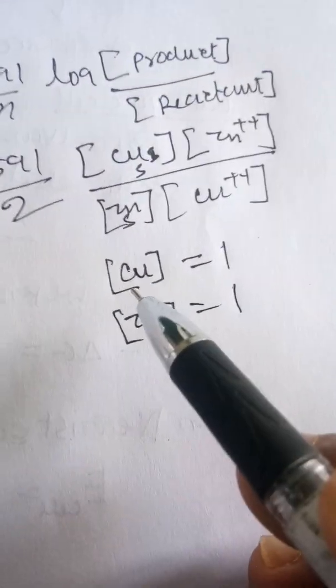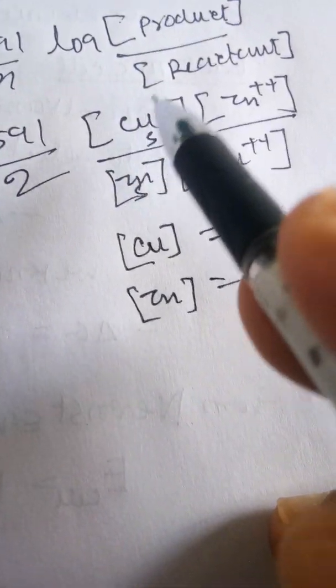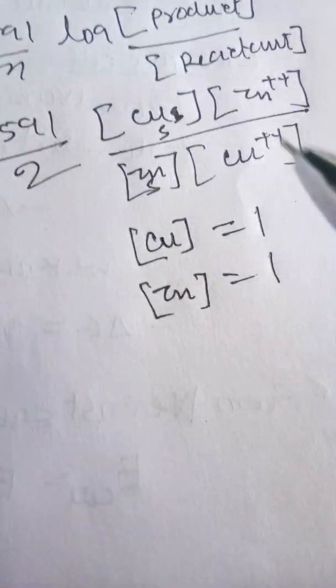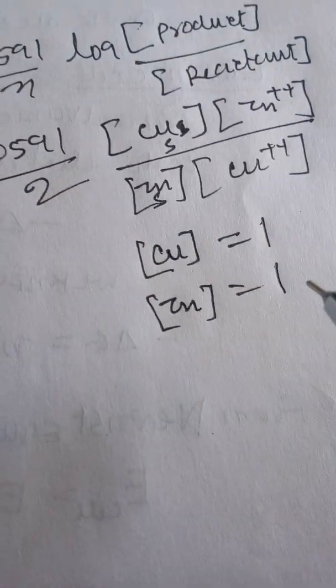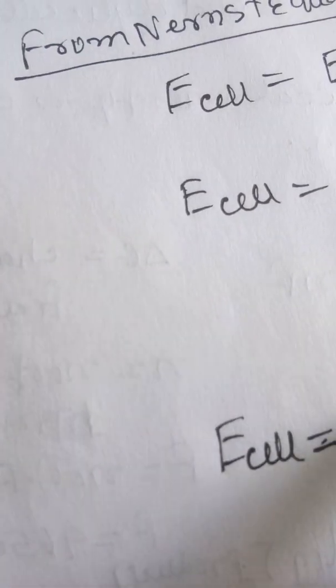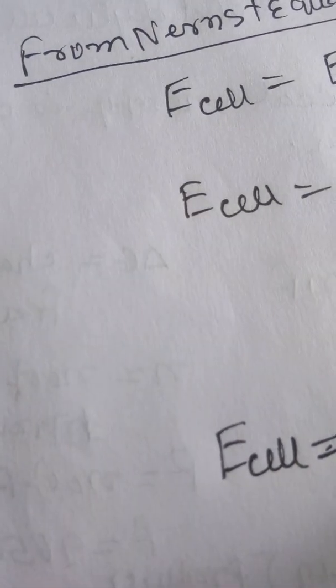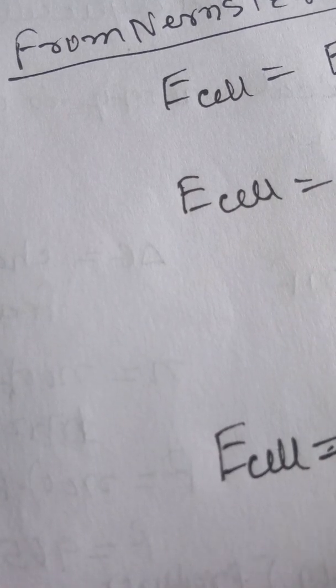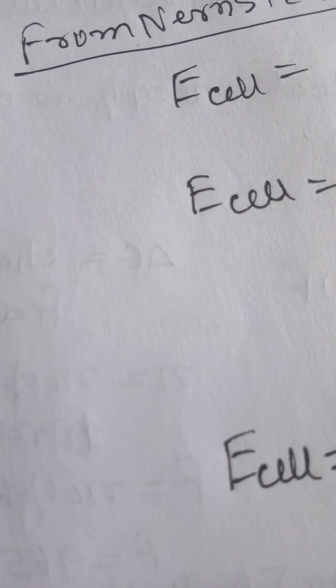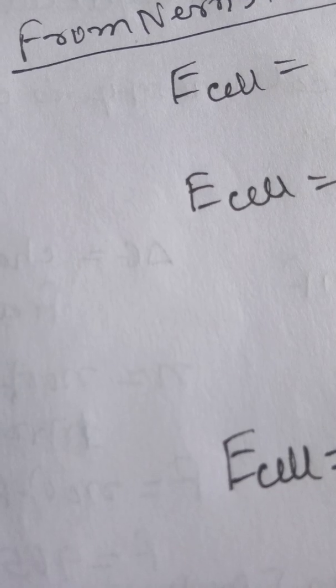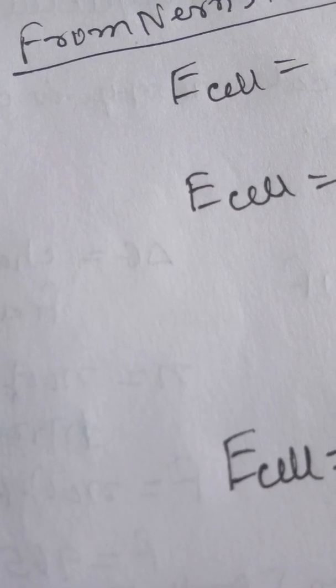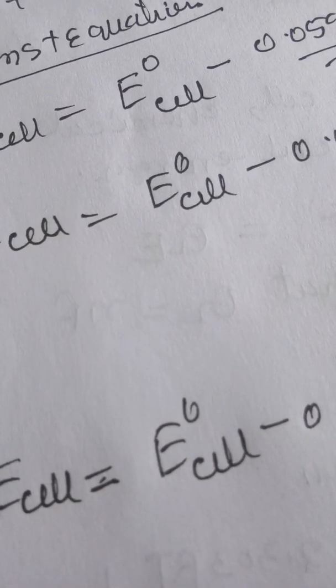So if we put the concentration of the solid per unit volume as 1, we can write the equation like this: EMF of the cell is equal to E0 cell minus 0.0591 upon 2 log concentration of zinc ion divided by concentration of the copper ion.